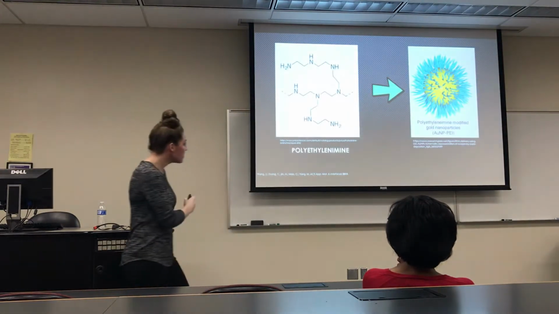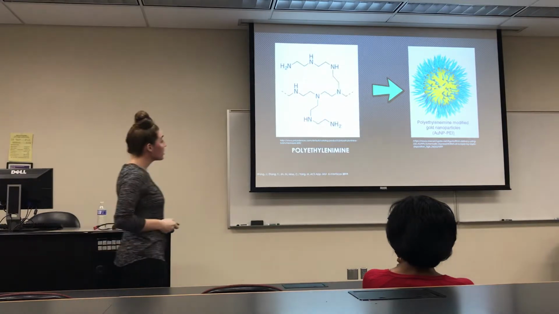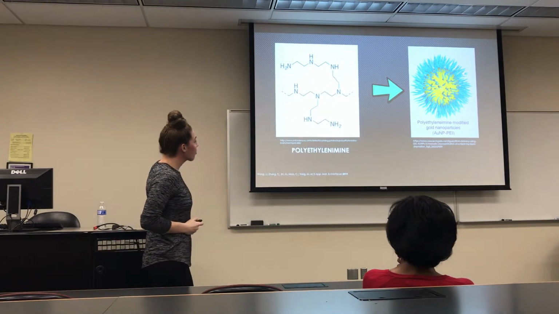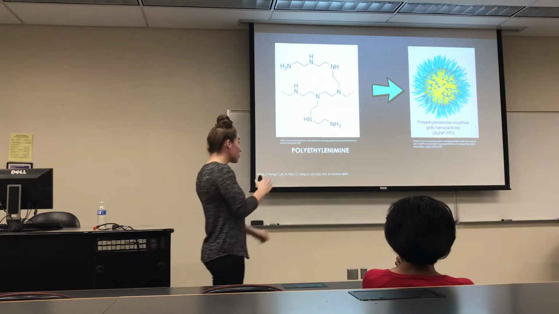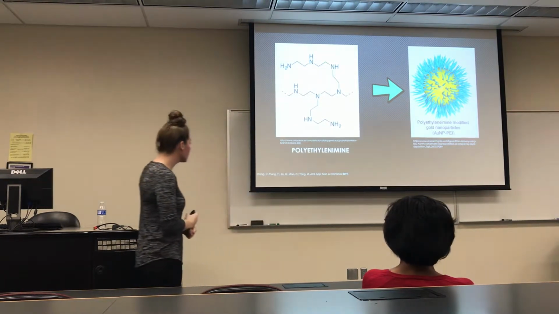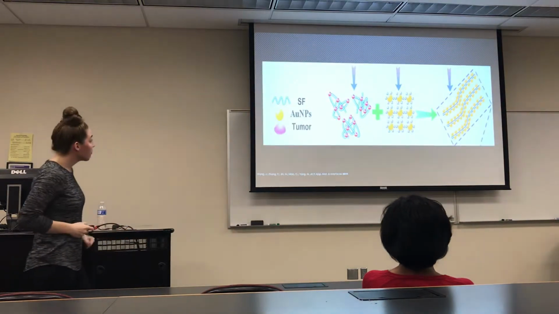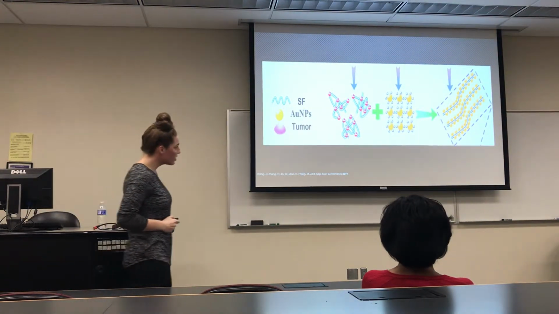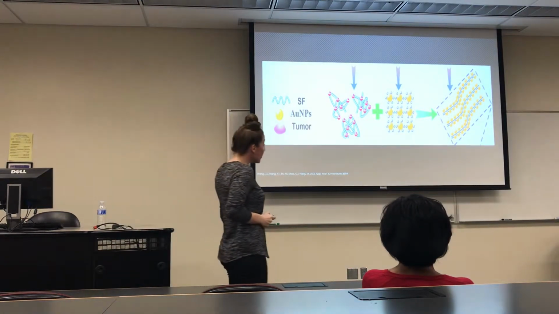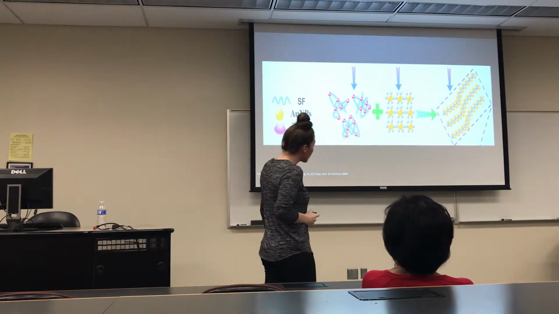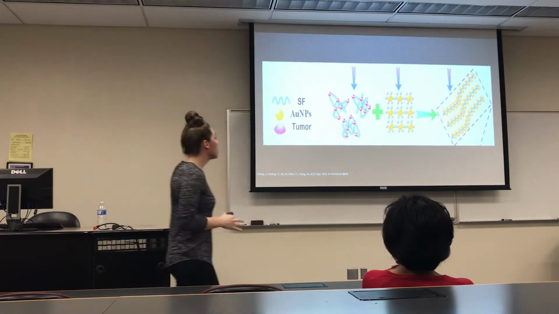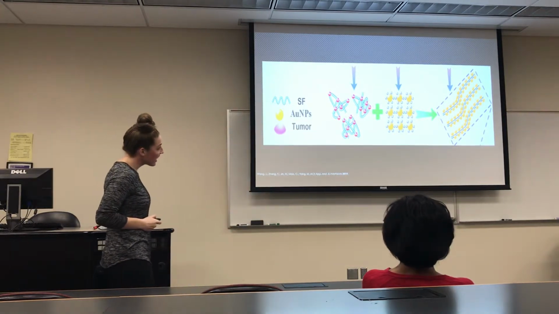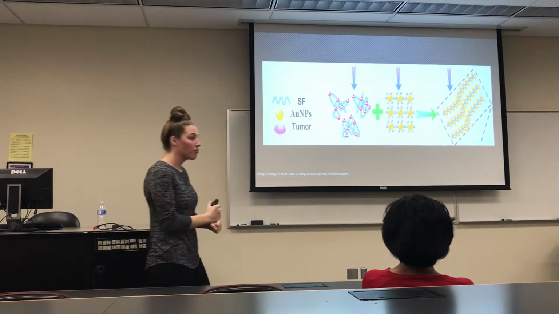So through this modification, what we hope to get is a gold nanoparticle with a lot of polymer pieces coming off of it, causing it to be very positively charged in solution. The hope is that if we introduce this negatively charged silk fiber protein with these positively charged nanoparticles, we can promote binding, grouping and aggregation of the nanoparticles, and then introduce this entire complex as a photothermal treatment.